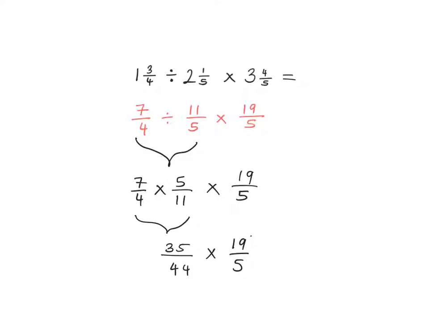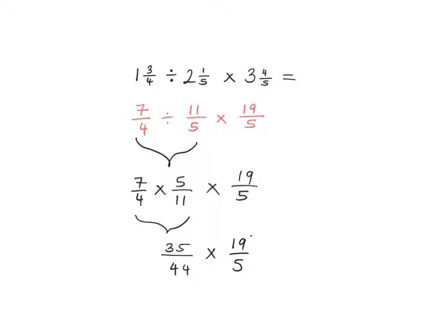Now, obviously, as you can see, the numbers here are quite large, so it's easier to just use the column method to work this out. The numerator times the numerator, the denominator times the denominator, 35 times 19.